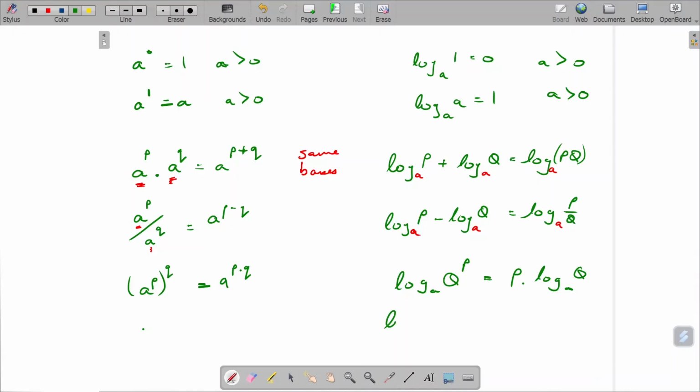And the last one is quite interesting because it talks about what to do if you've got different bases. It says log of p to the base q is the same as log p over log q, with any base that you may choose.